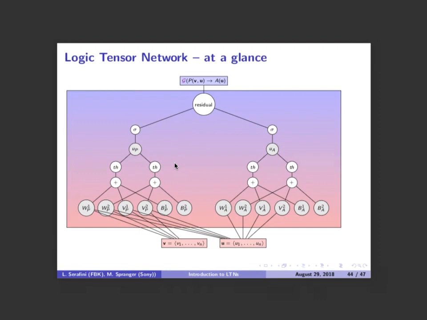And in LTNs, you can see in the network that this is the bit that represents P of VU, and this is the bit that represents A of U, and then you combine the two to calculate the residual. Or in an earlier version, we implemented no P or A. But the point is that by doing this, the network is modular, pretty much like the ones we had seen before.